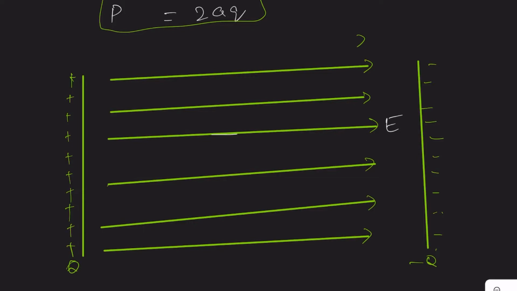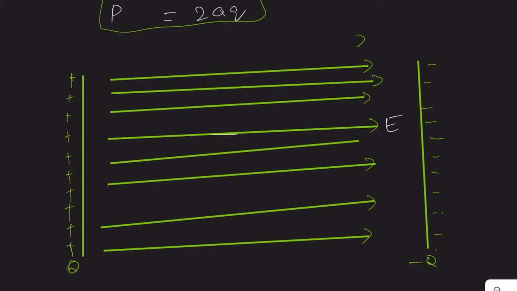One has q, another one is minus q. So in between two plates uniform electric field is created. You know, electric field lines start from positive charge and end at the negative. Suppose these are field lines.